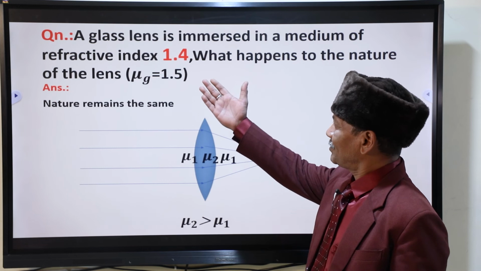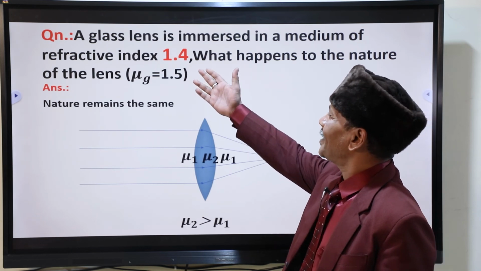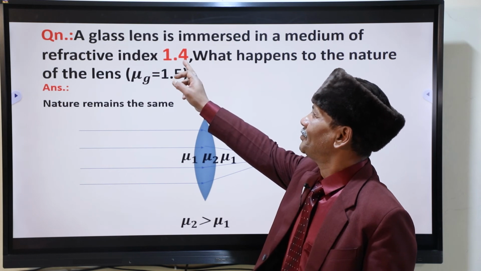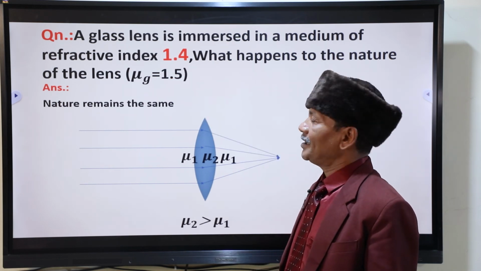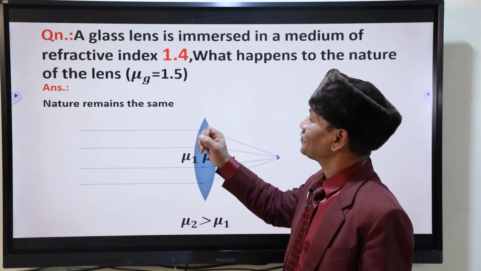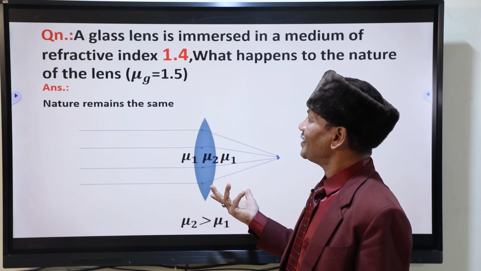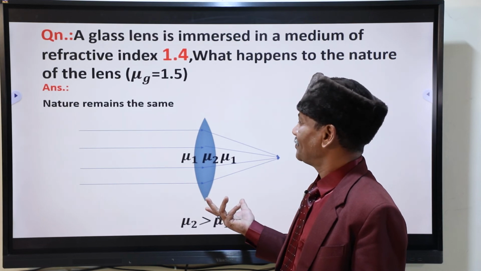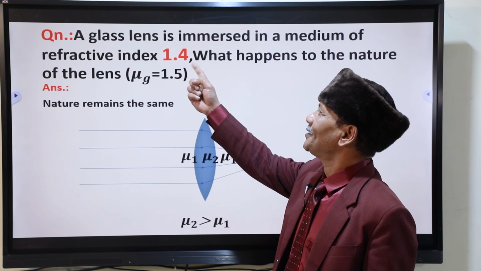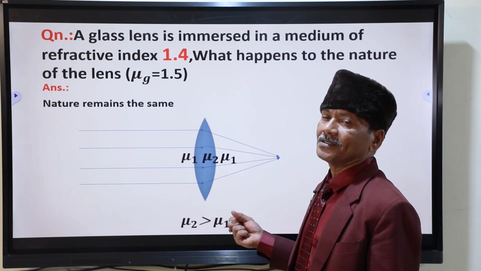You can see the question. Refractive index of the medium has been given to be 1.4. Refractive index of the material of the lens is 1.5. So nature will remain the same, since mu2 minus mu1, 1.5 minus 1.4 will be positive.